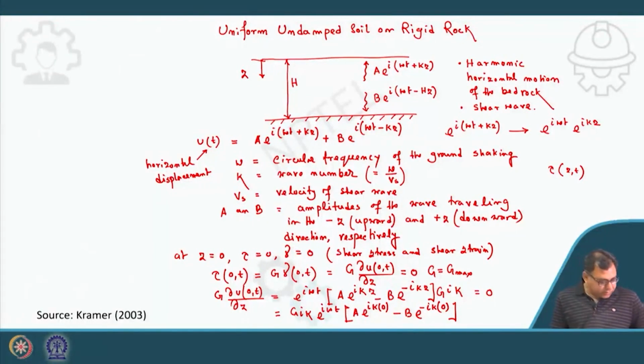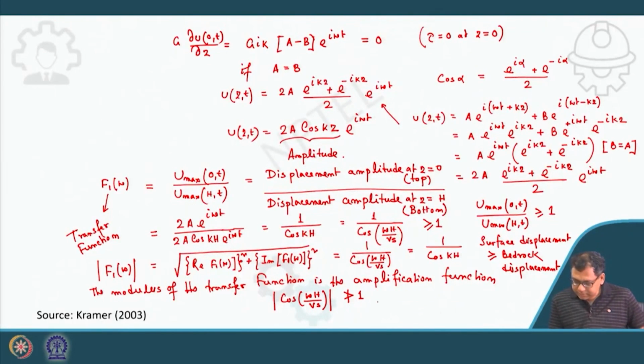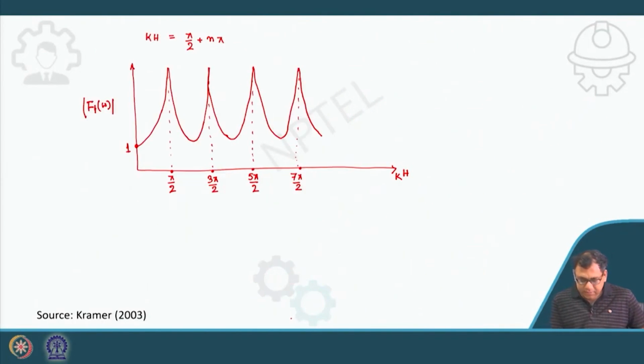Okay. So omega by Vs, if I write in this form, I can write either kh equal to pi by 2, or here you can see that kh I am writing as pi by 2 plus n pi.